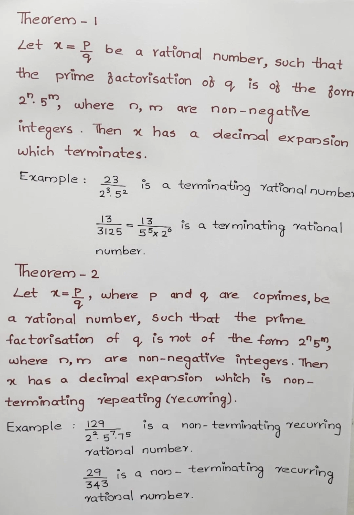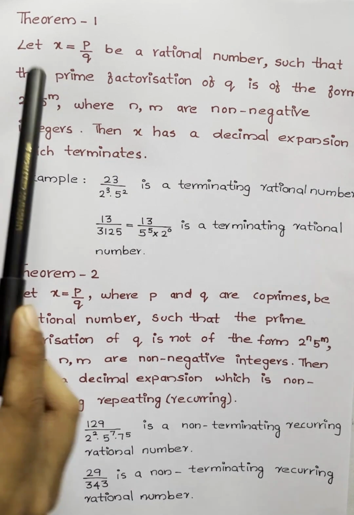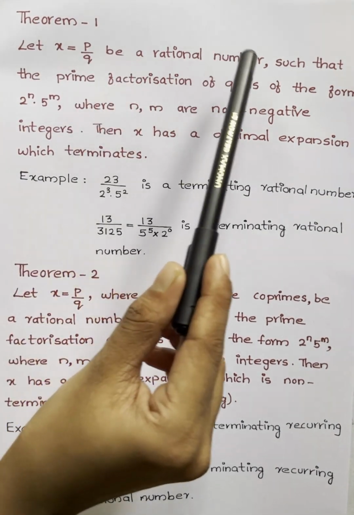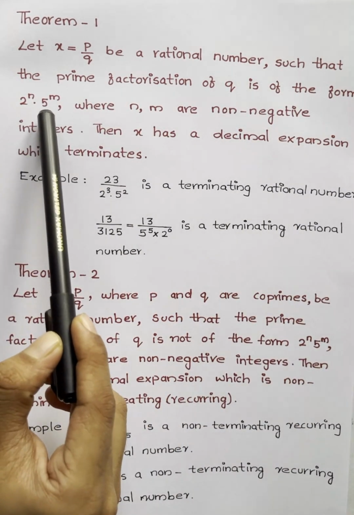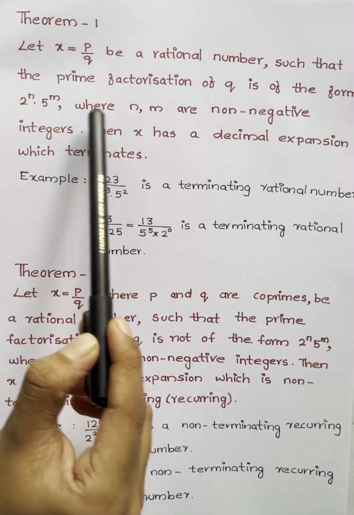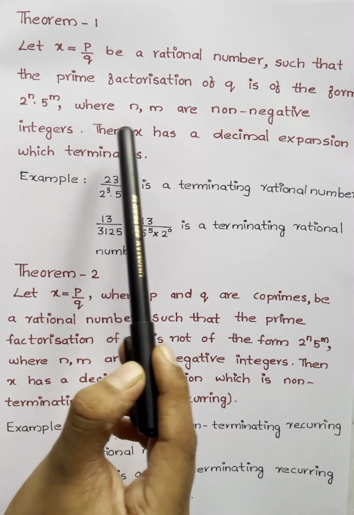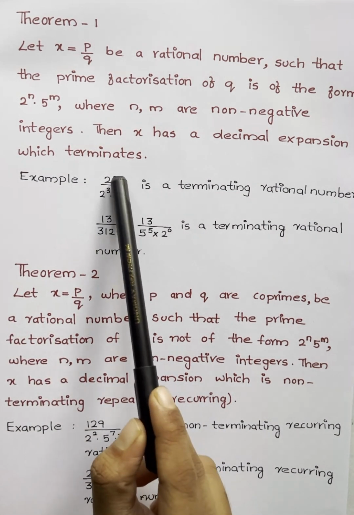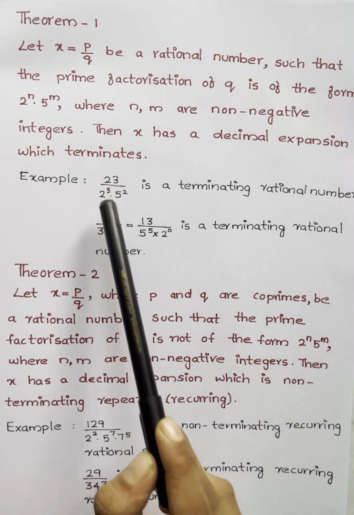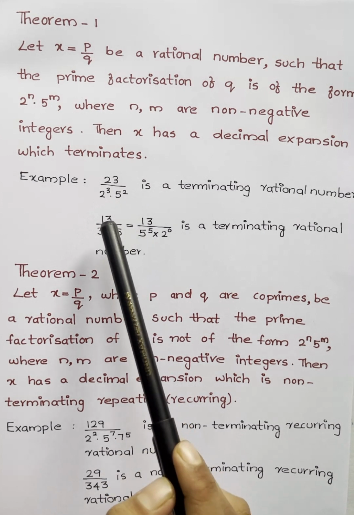Now, we have to study two theorems. Theorem 1. Let x equal p by q be a rational number such that the prime factorization of q is of the form 2 raised to n into 5 raised to m, where n, m are non-negative integers. Then x has a decimal expansion which terminates. For example, 23 divided by 2 raised to 3 into 5 raised to 2.